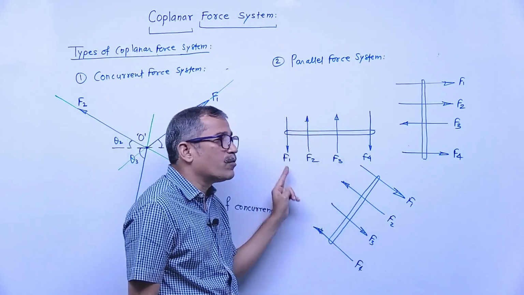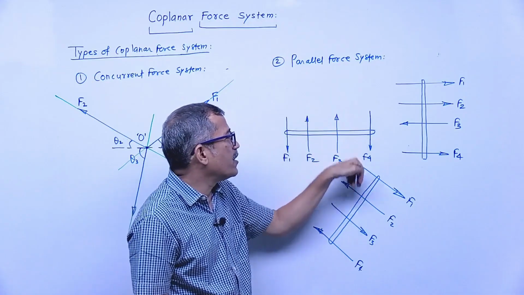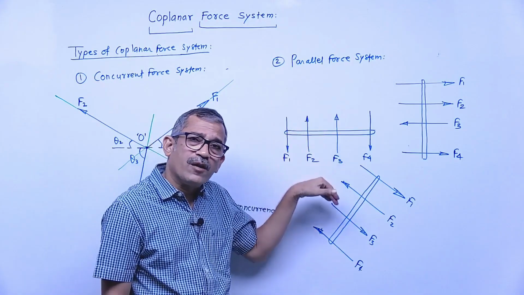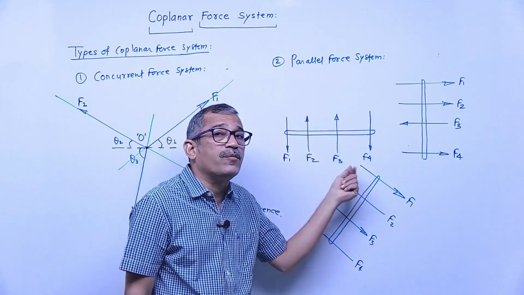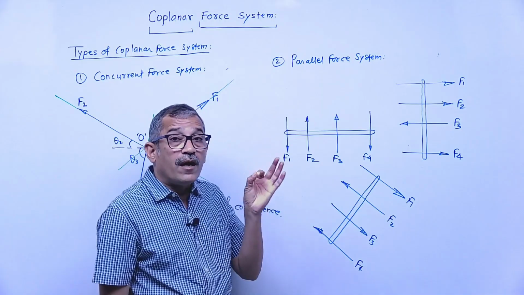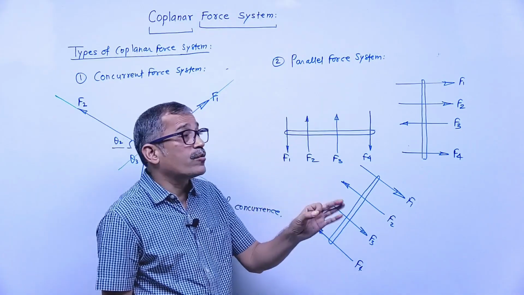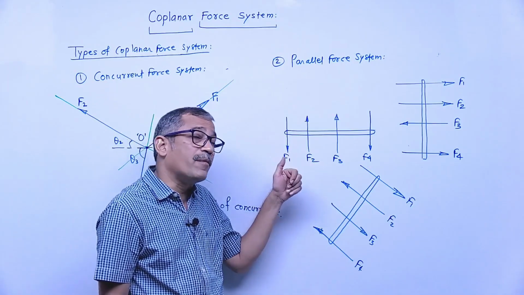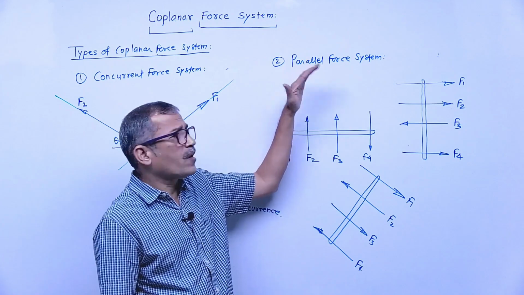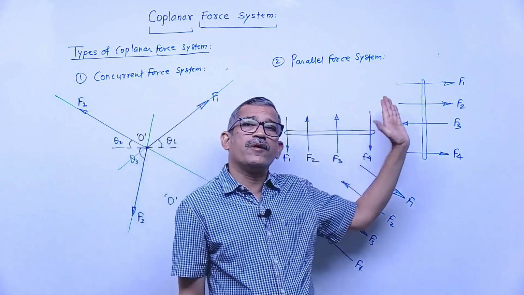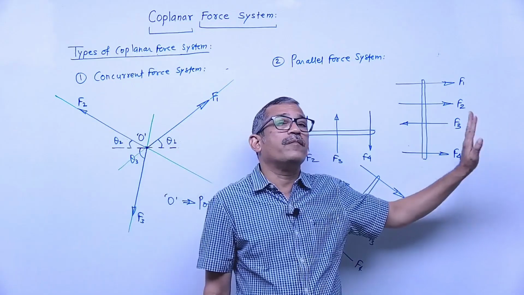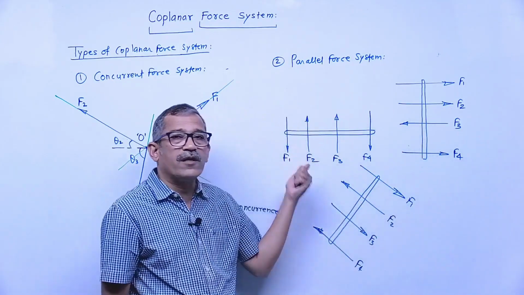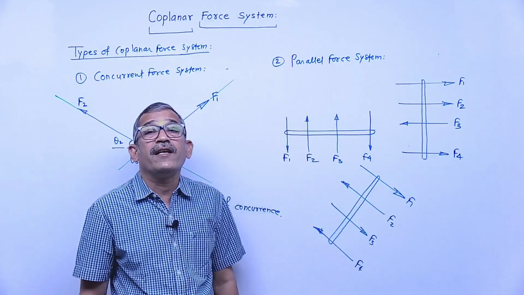Here, this is downward, upward, upward, downward. Means they are not in the same sense. Some are upward, some are downward. This is called an unlike parallel force system. If lines of actions of all forces are in the same direction, all may be upward, all downward, all rightward, all leftward, then it is a like parallel force system.